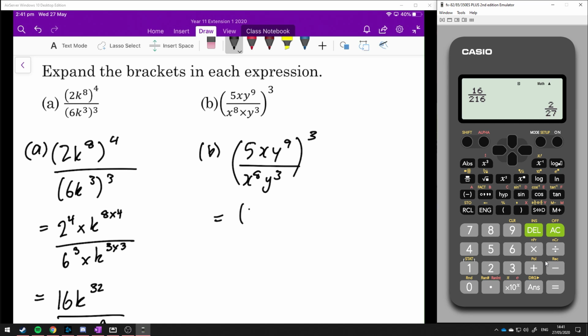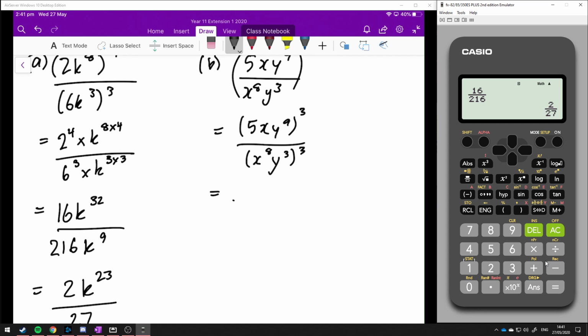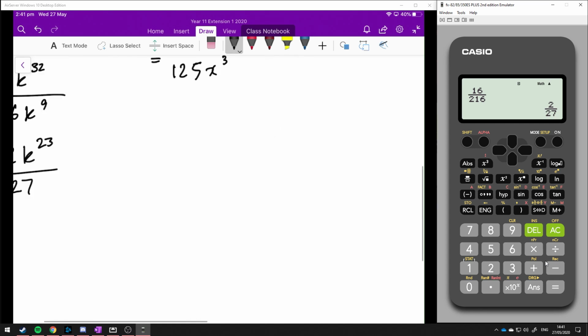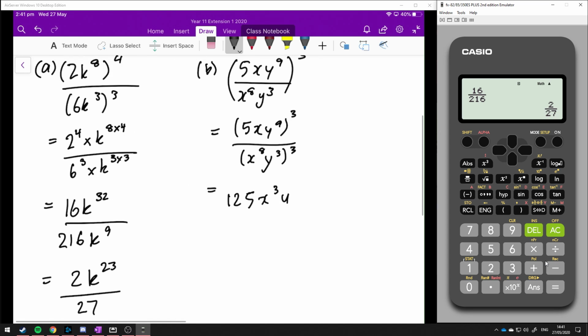So this is the same as (5xy to the 9) all cubed over (x to the power of 8, y to the power of 3) all cubed as well, using that power and quotient rule. 5 to the power of 3 is 125. x cubed, y to the power of 9 to the power of 3 is y to the power of 27, over x to the power of 8 to the power of 3 is x to the power of 24, and y to the power of 9.